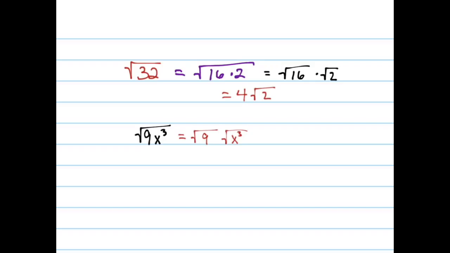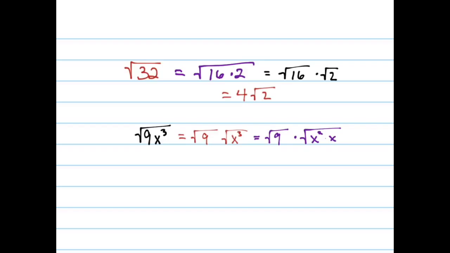X squared. How many times does x squared go into x cubed? 3 times? No. x cubed is x squared times what? x. x squared goes into x cubed x times, because x times x squared is x cubed.